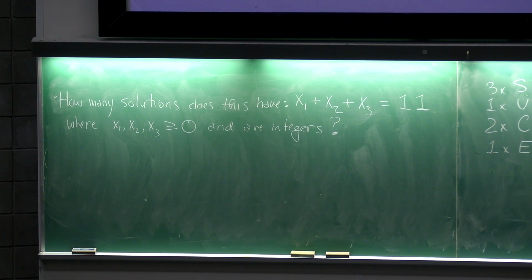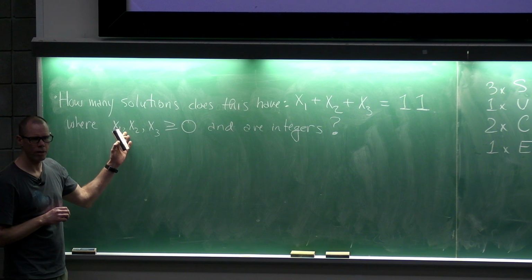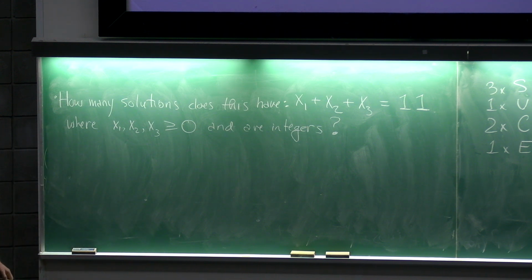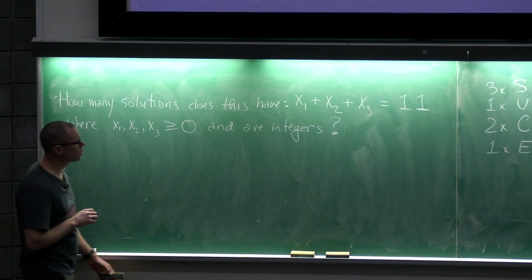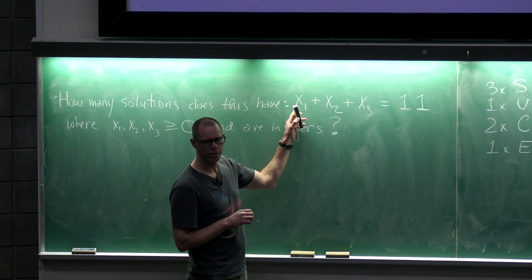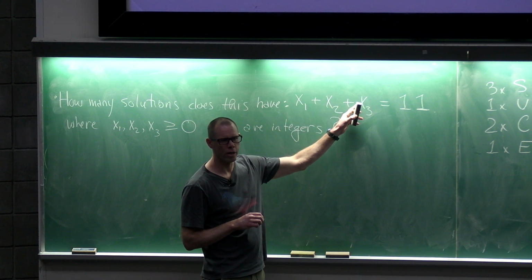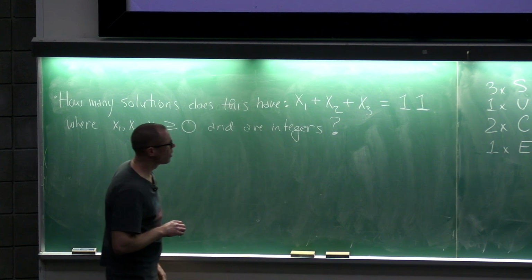Doesn't look like anything we've seen can tackle this kind of thing, right? We could try the product rule, but what would we do? Choose the value of x1 first, then x2, then x3.